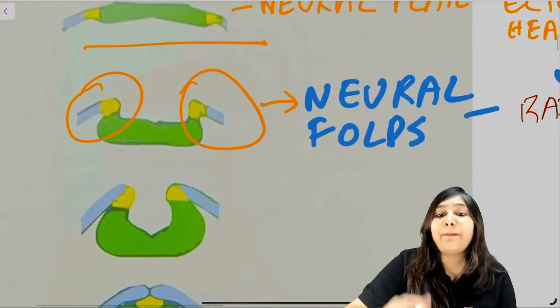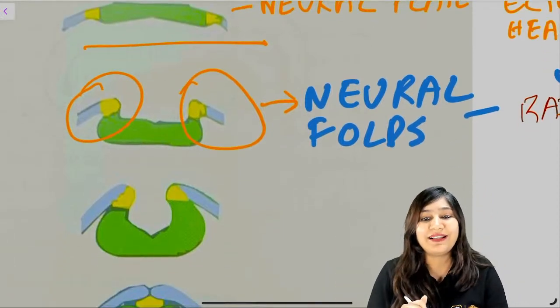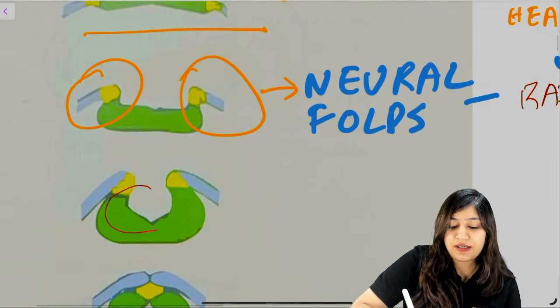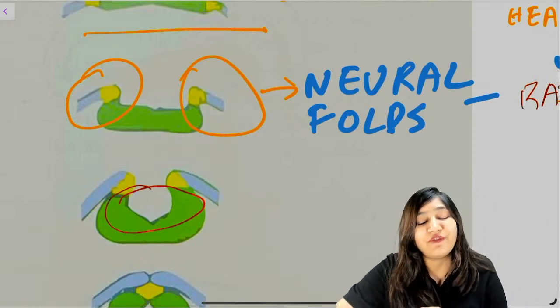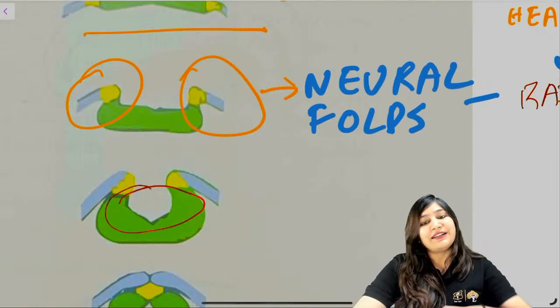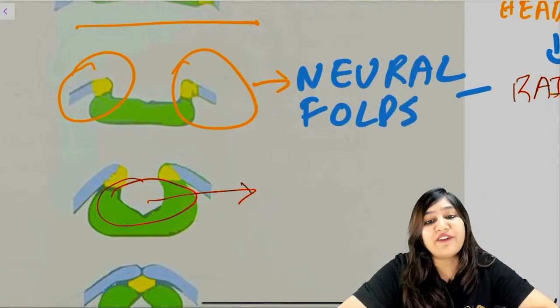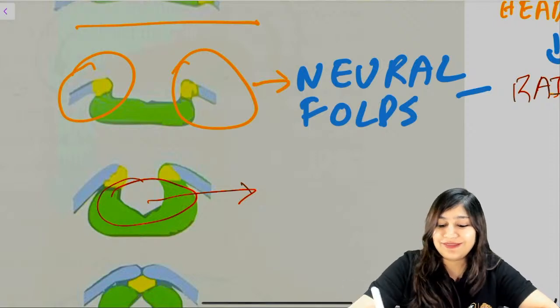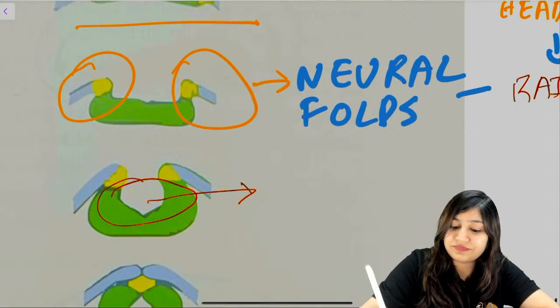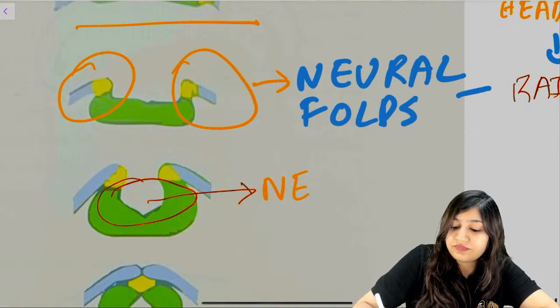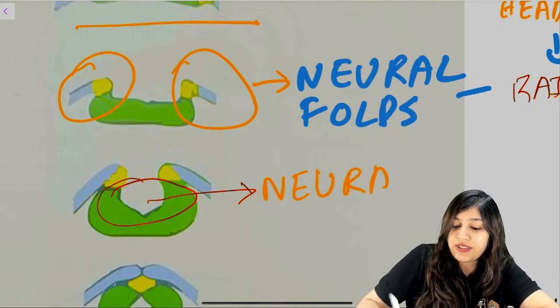Now, it encompasses a midline depression. Here we can easily appreciate a midline depression. What is this depression? It is a groove. So basically, this midline depression is our neural groove.